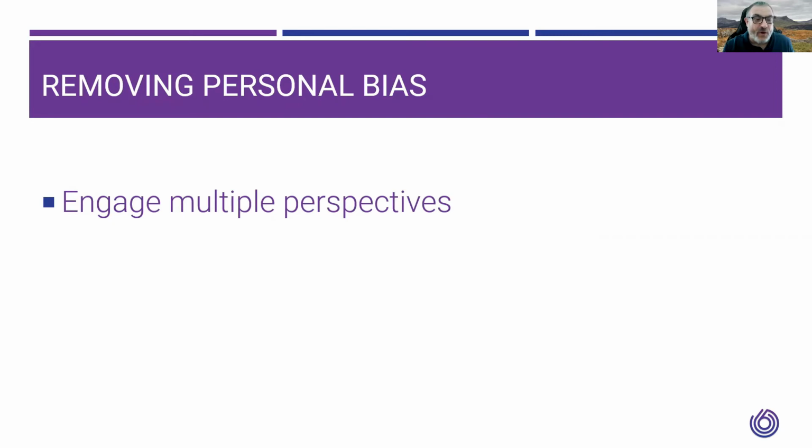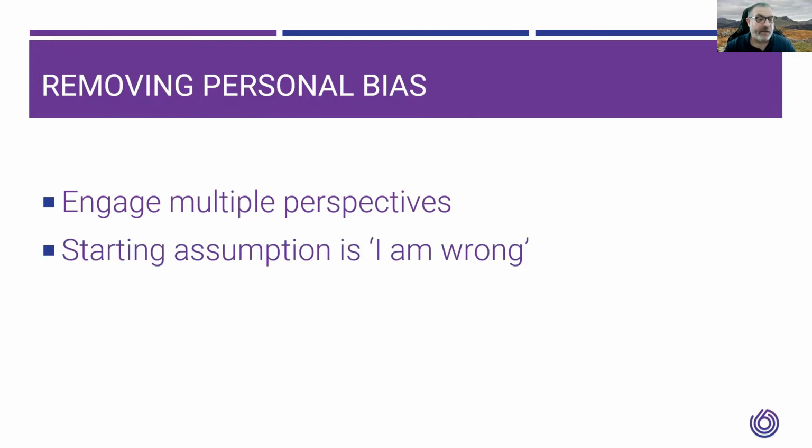So how do we remove some of this personal bias? Well, practically, the first thing I think we can do is always make sure that we're engaging multiple perspectives. So the more people involved in a decision, the more perspectives you have from which to shape an optimum solution.